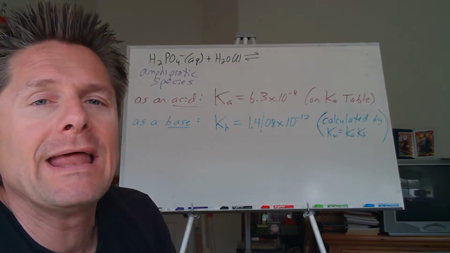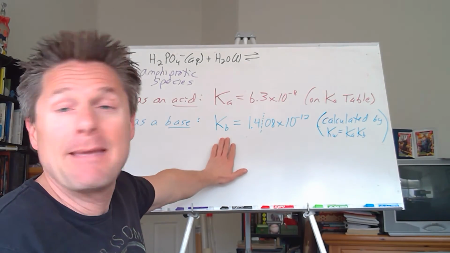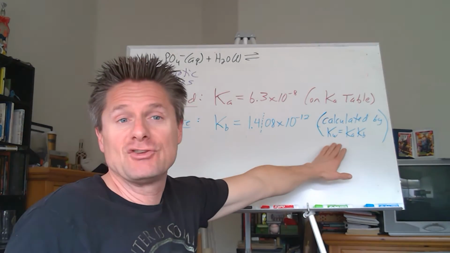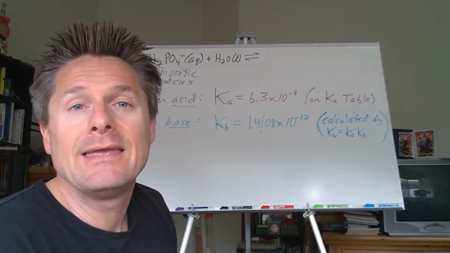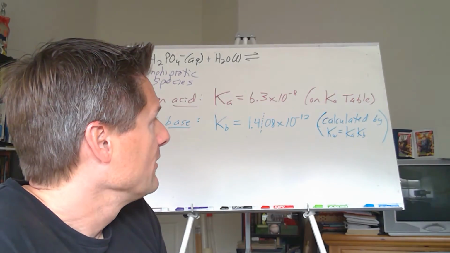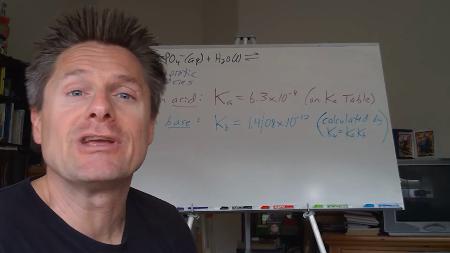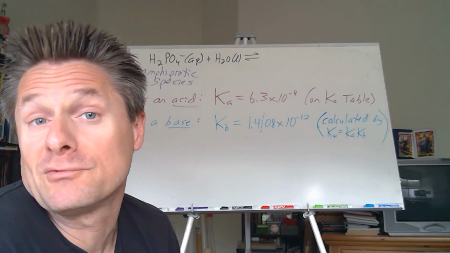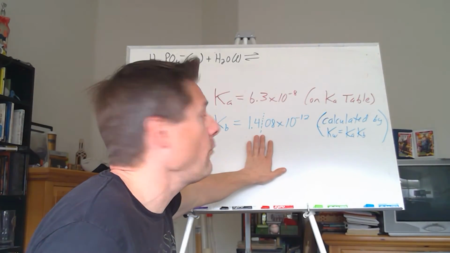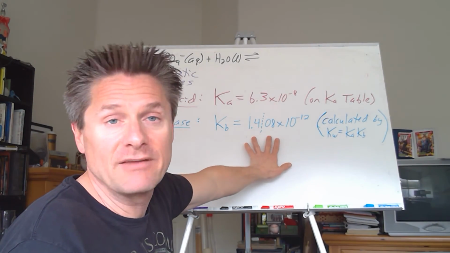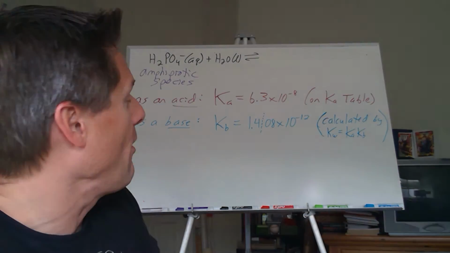We'll always find one, but not the other. As a base, we use the equation Kw equals Ka times Kb. So the Kb in this situation was Kw divided by Ka of the conjugate acid of H2PO4 minus, which was H3PO4. And we got a value of 1.408, good to two significant digits, times 10 to the minus 12.